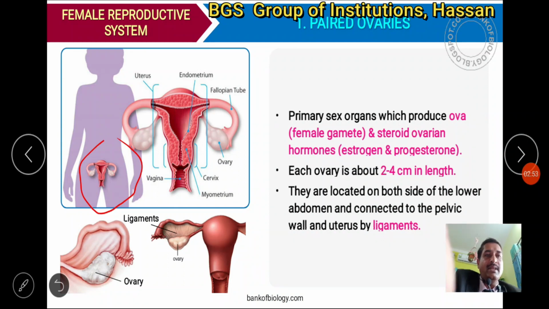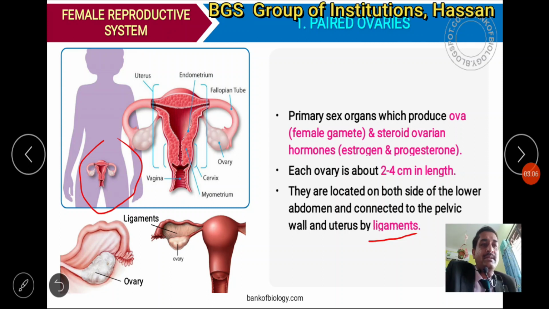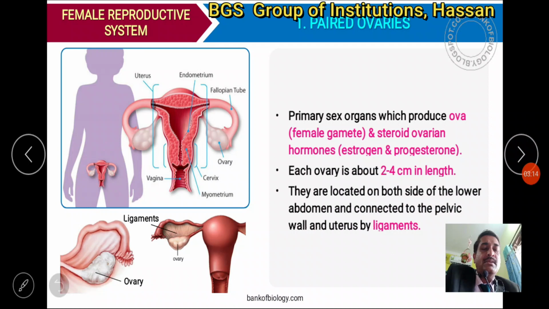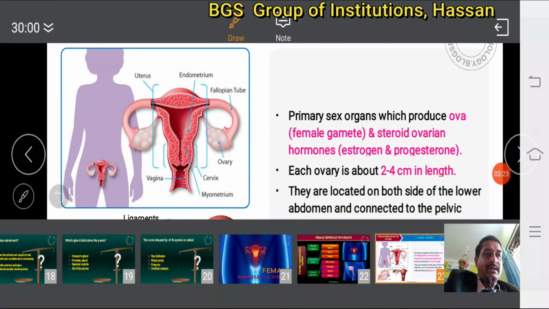They are fixed to the pelvic wall by ligaments. We can see the ligaments clearly here. So, they are located in the lower abdomen, in the pelvic wall.